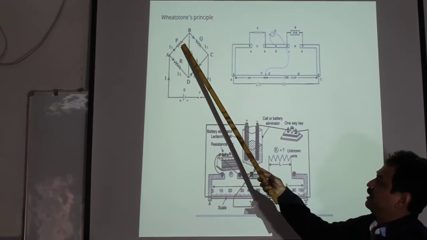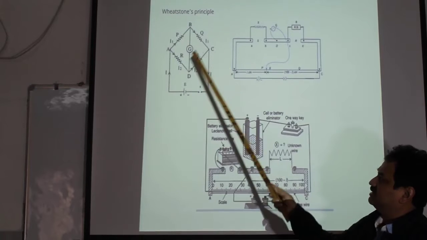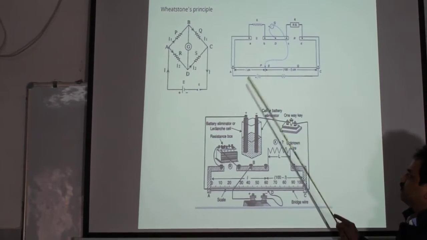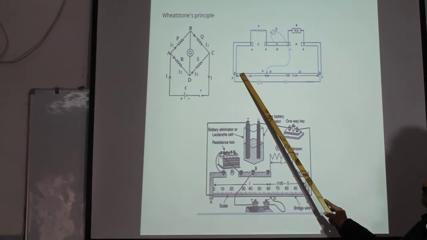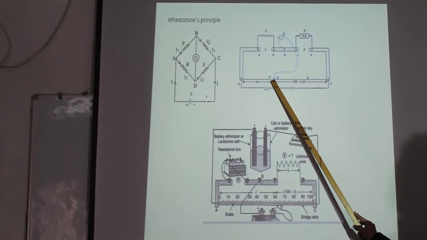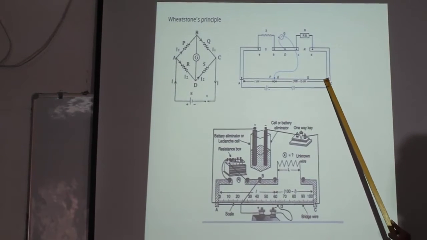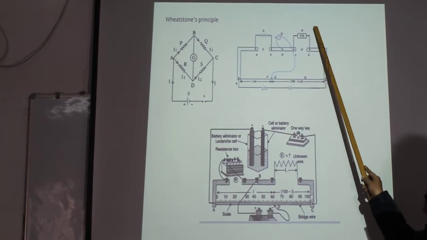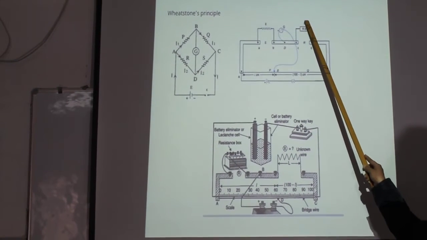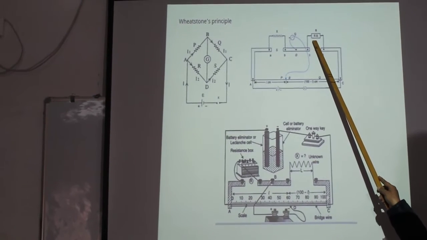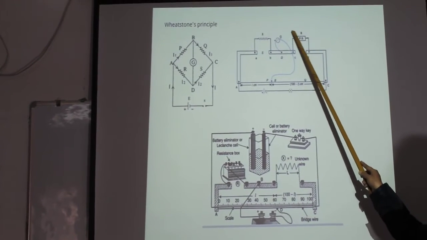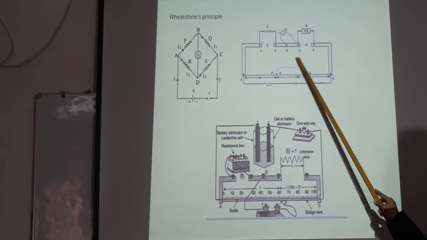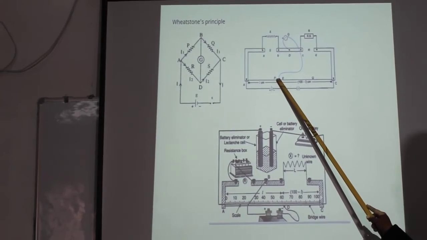In this state, ratio of P to Q is equal to ratio of R to S. I have shown here resistance of this part of the wire is P, resistance of this part of the wire is Q, this is unknown resistance R, and this is S taken out from the resistance box. So by adjusting the value of resistance from the resistance box, we obtain the null point on the meter bridge.